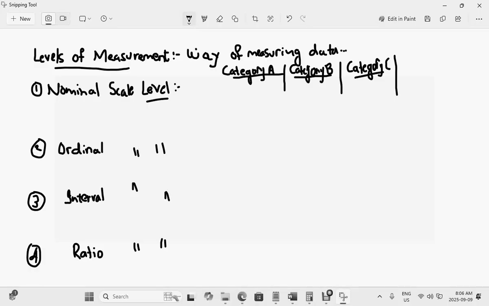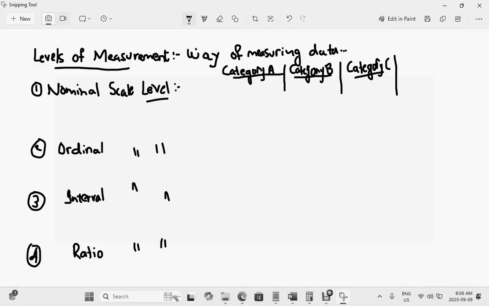So apart from that, you also have smartphones. If you were to talk about smartphones, say, for example, the specifications, category A would be the length, category B would be the width, category C could be the weight of the smartphone, category D would be other specs.